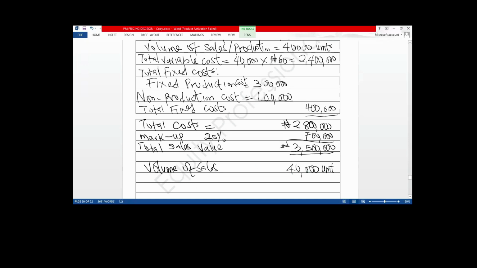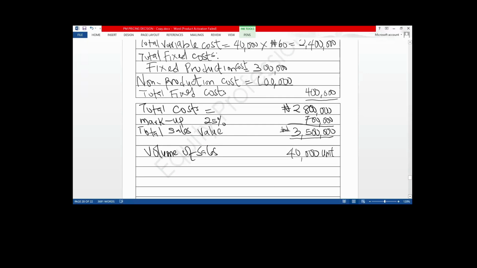Therefore, selling price per unit is equal to total sales value, 3.5 million, divided by number of units sold, 40,000.